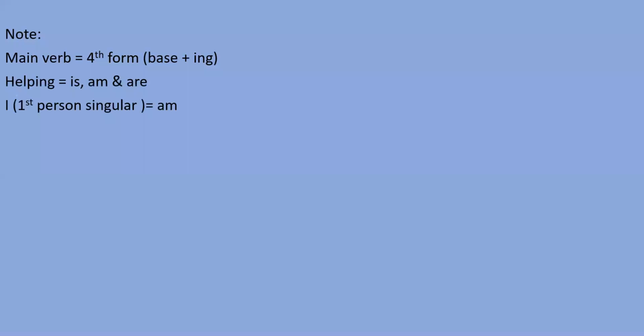Whenever our subject is first person singular, that is I, we should use am. With I we should use am. And if our subject is third person singular, meaning he, she, it, or any name, we need to use is.